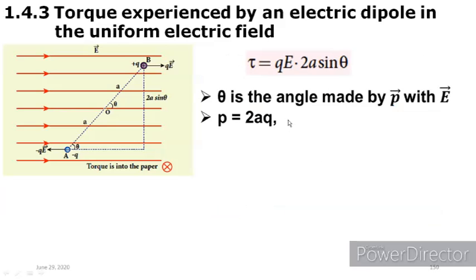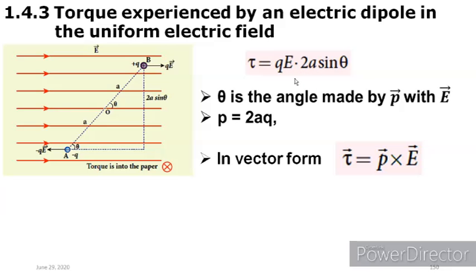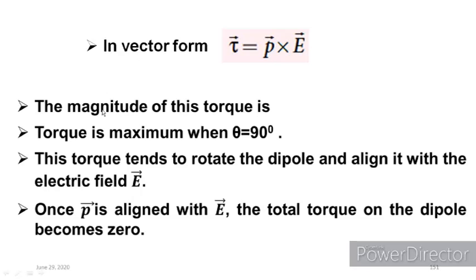Again we will express it in terms of the p vector, where p is the dipole moment. Here theta is the angle made by p with E. Here p is 2aq, so instead of 2aq, I can write p. So you will get pE sin theta, that can be written in vector form as p cross E. Now the magnitude of this torque is equal to pE sin theta.